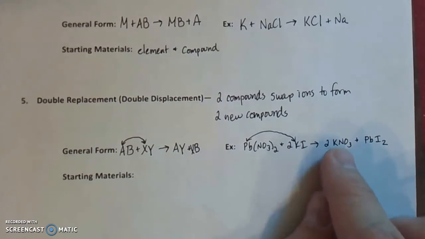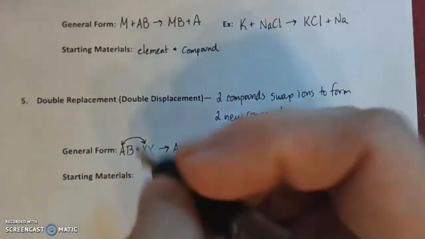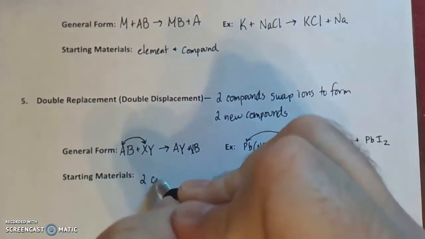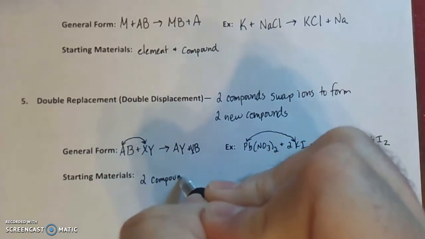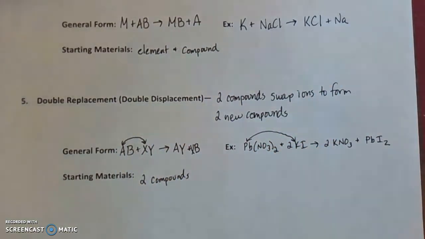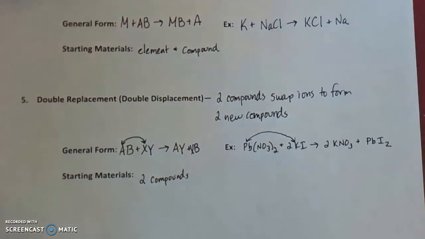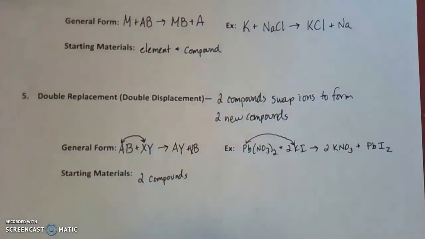But we end up with two new compounds. So our starting materials here are going to be two compounds. Now if we go back and look at all five of these, we have different starting materials for each one. By knowing these five different categories, we can predict what they are if we're given an equation.